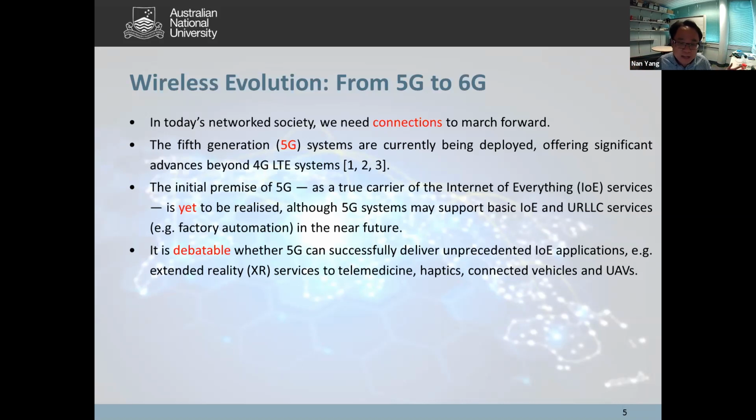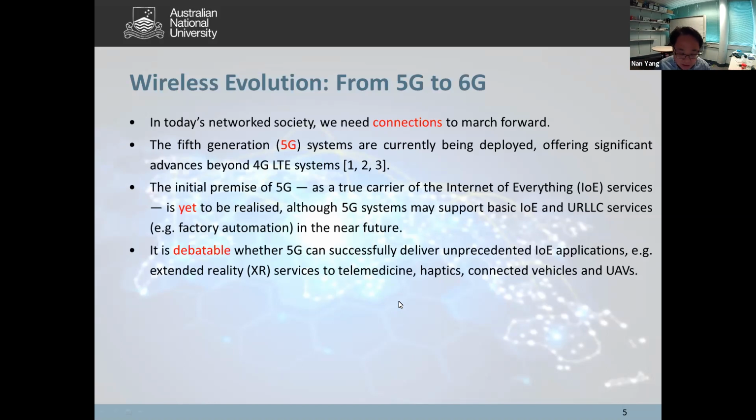Although we firmly believe that the 5G system in the near future can support basic IoE services, and can even support basic URLLC services, the true promise of 5G has not been realized. And it is a question mark for me, and maybe for a lot of other people, whether 5G can successfully deliver the unprecedented Internet of Everything applications.